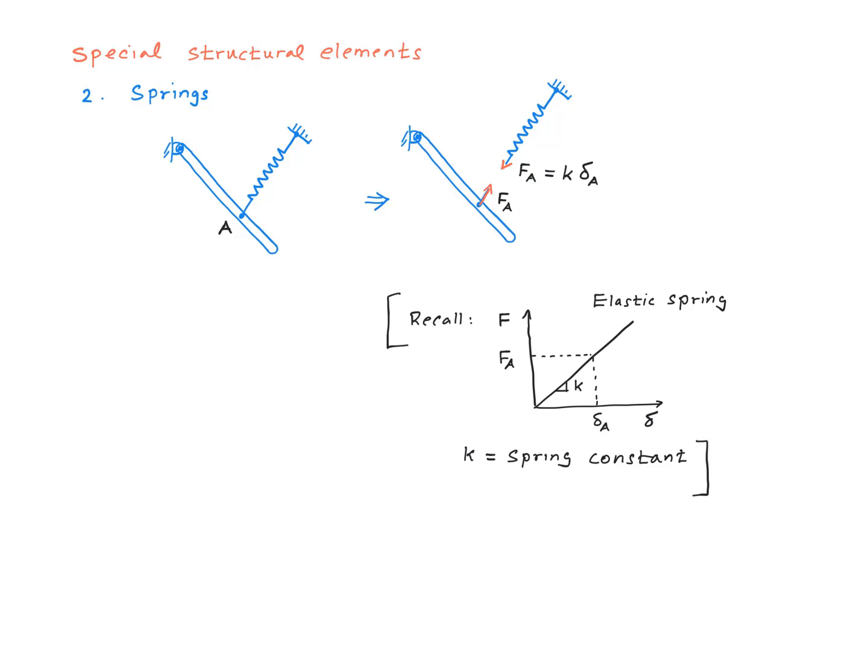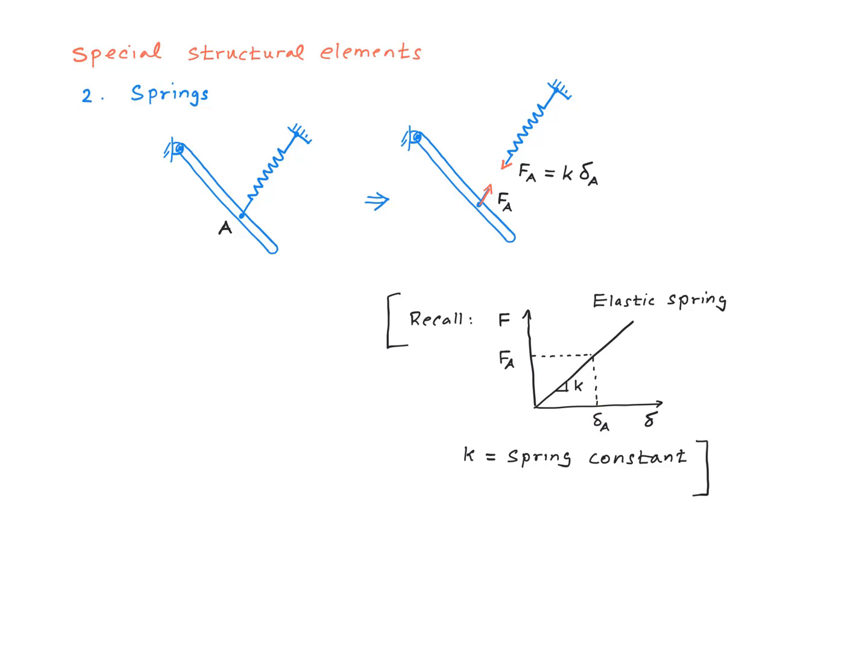So the nature of the force here is very similar to what we had in the cable system. So there's going to be just one force, FA, and that FA is going to be acting along the direction of the spring. From your physics class, you might recall that FA, the force on the spring, can be related to the spring constant and the deflection on that spring.